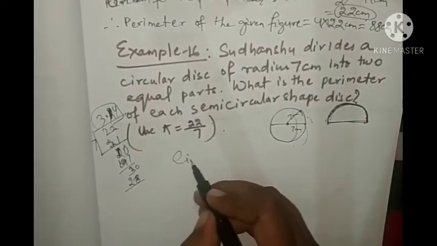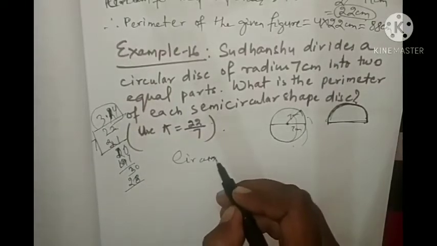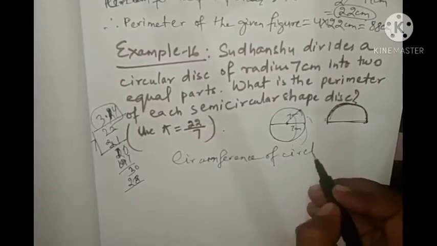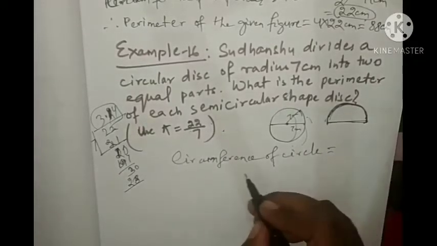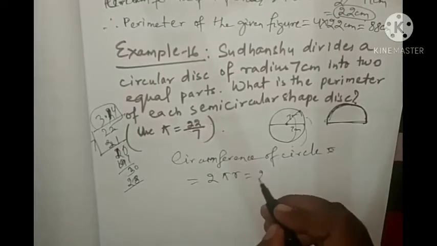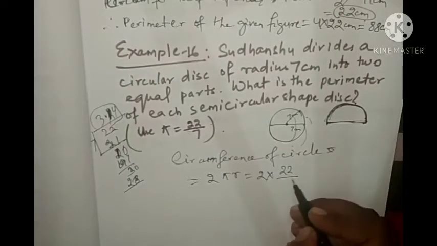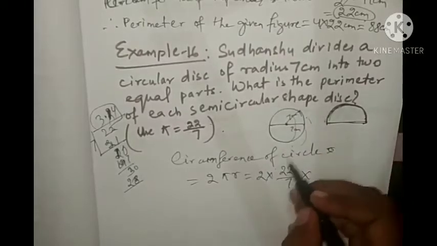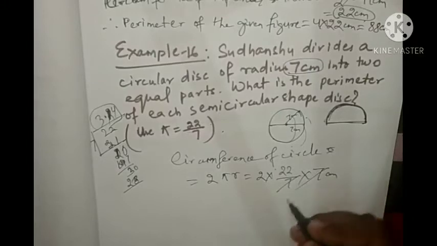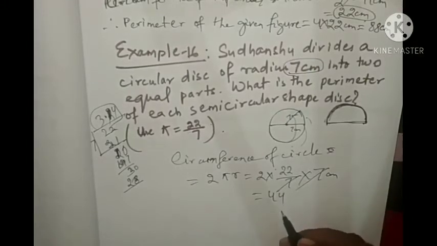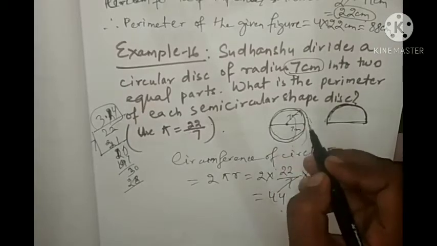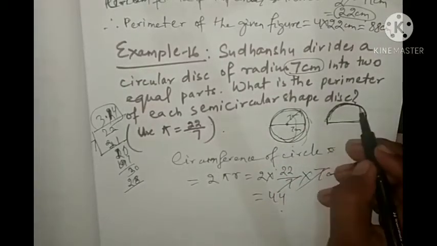So circumference of the circle equal to how much? 2 pi r equal to 2 into 22 by 7 into r. Radius is 7 centimeter. So cut 7. How much are you getting? 44. So this full circle circumference is 44. But we need this half.